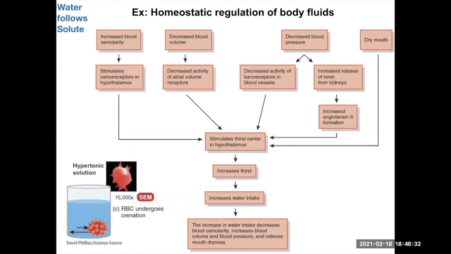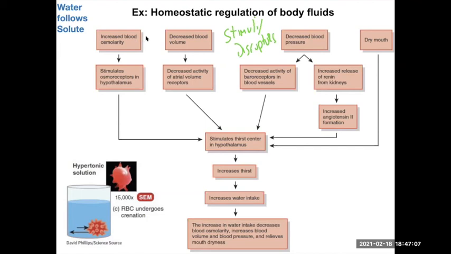So this brings us into the regulation, right, of this. In this case, our blood has gone hypertonic, right? You have increased blood osmolarity, right? When you do that, it's because you have less water, so your blood volume is decreased, right? Which decreases your blood pressure. All these are sensed, right? These are the disruptors, the stimuli or disruptors, right?